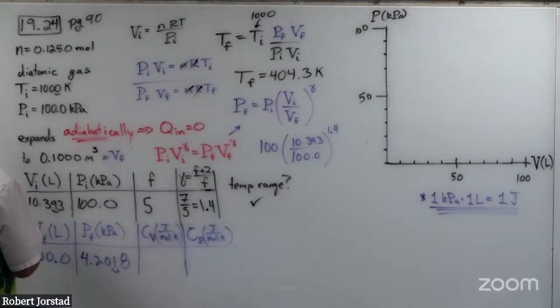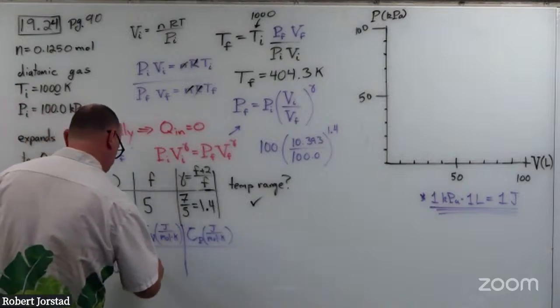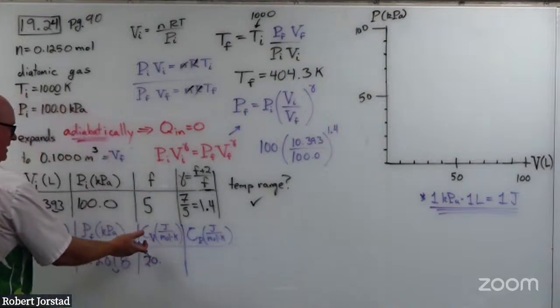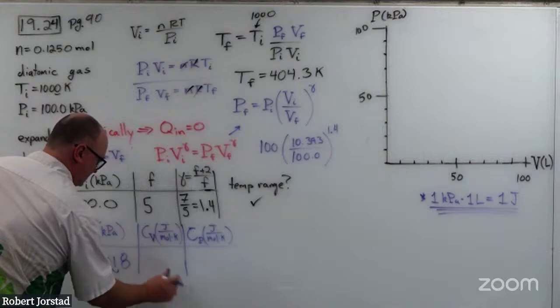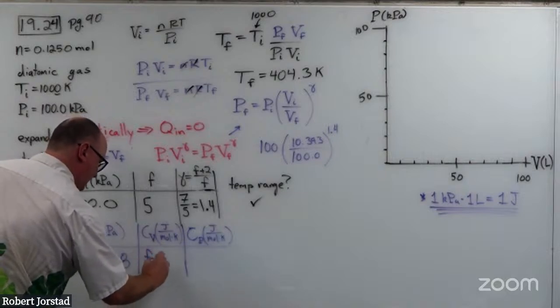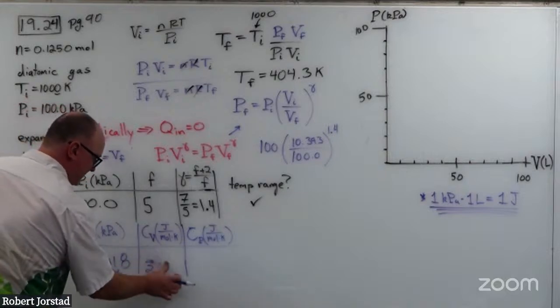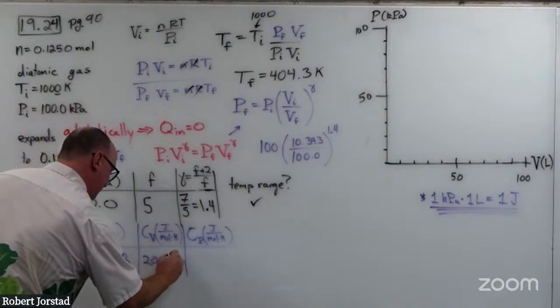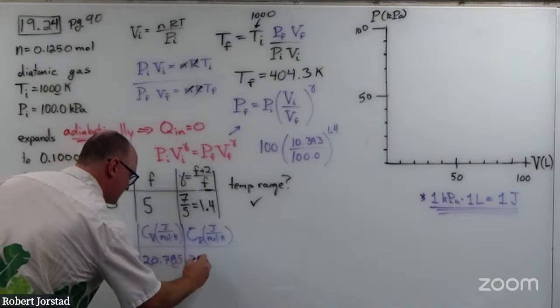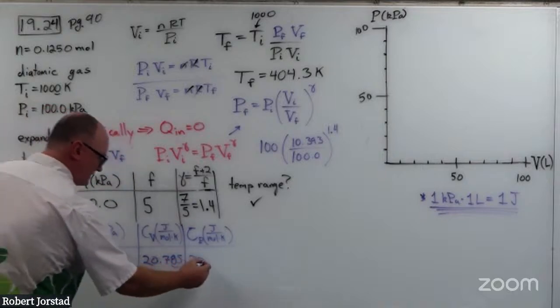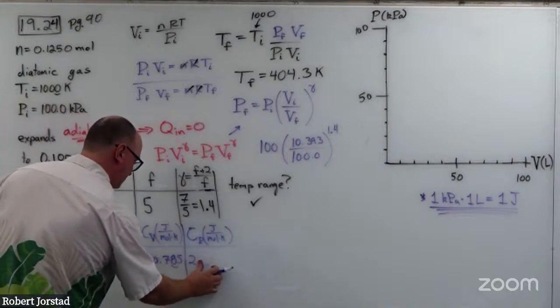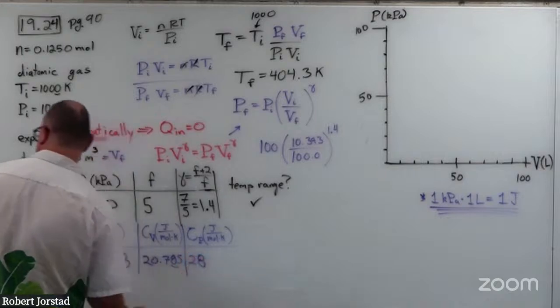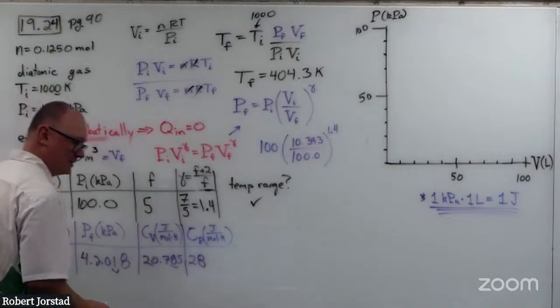So this one was, remember this is F over 2 times R, which ends up being 20.785. This one ends up being this number plus R, which is 28. Wait, I'm screwing it up.